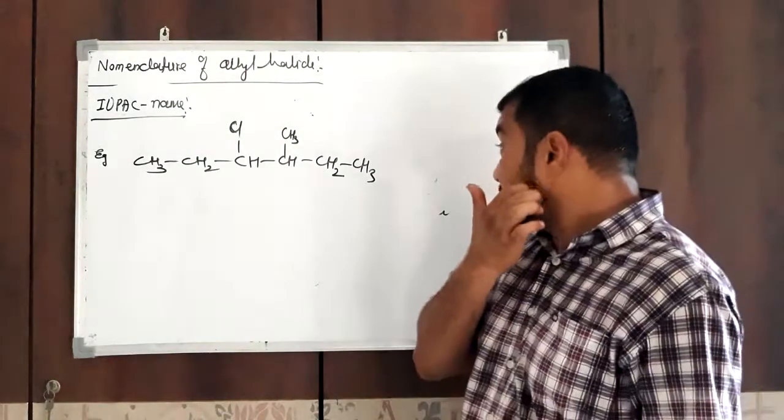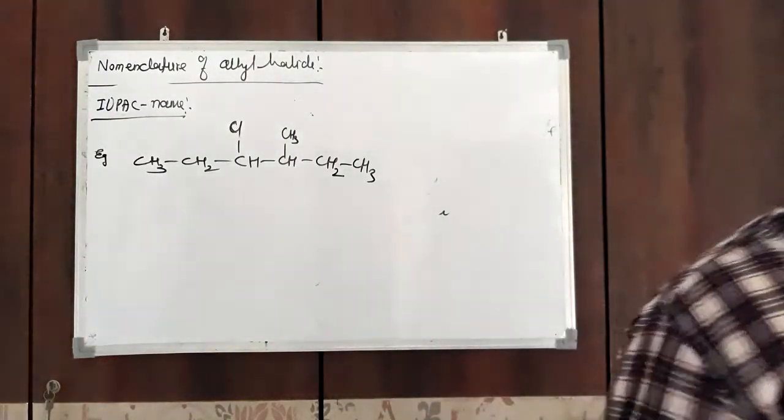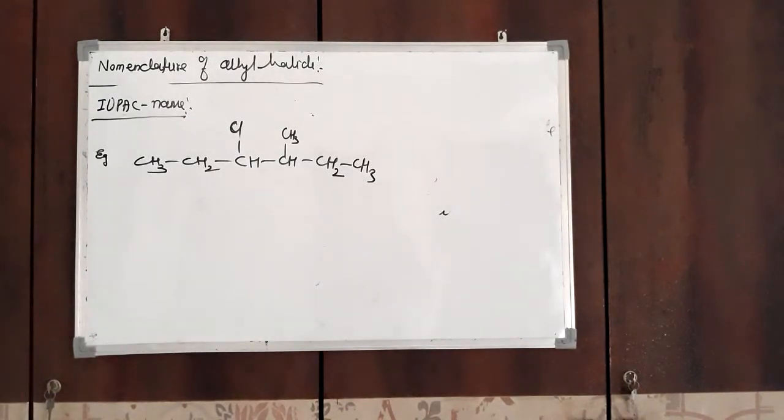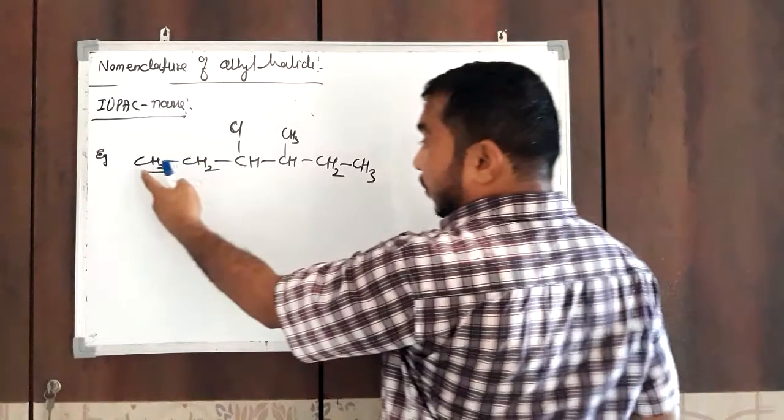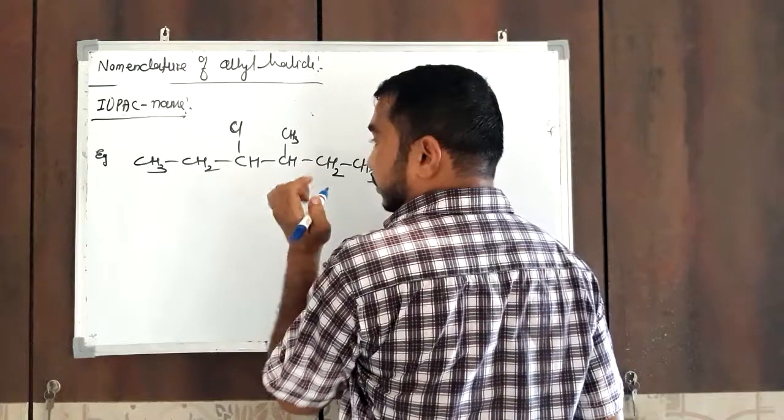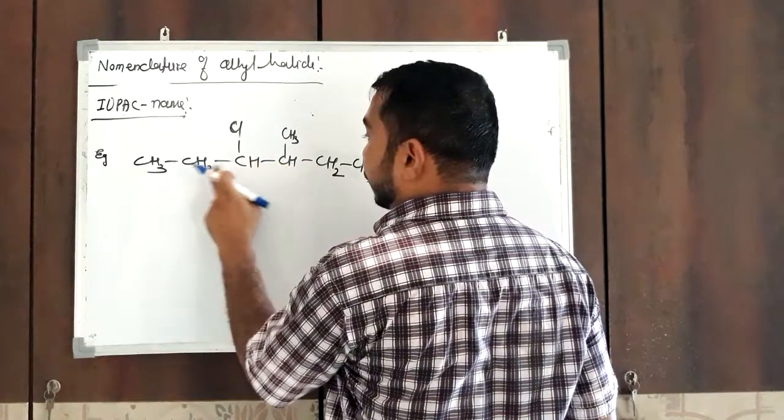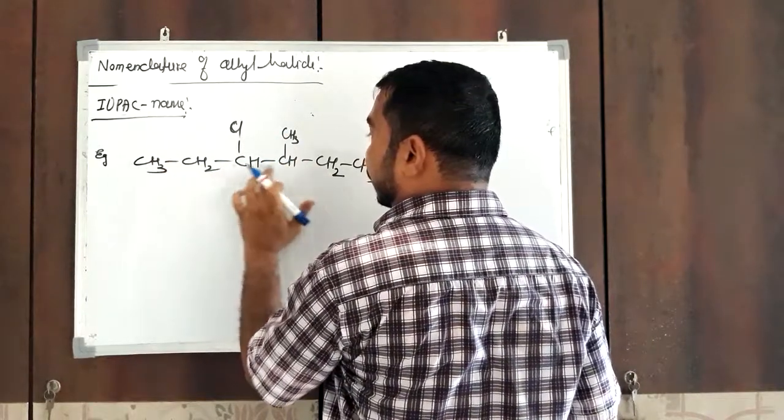We have to select the longest chain of carbon atoms, including the carbon atom having the halogen atom. We have to select the longest chain that contains the halogen atom and the maximum number of substituents. That is the rule. See, 1 2 3 4 5 6, 1 2 3 4 5, 1 2 3 4 5.